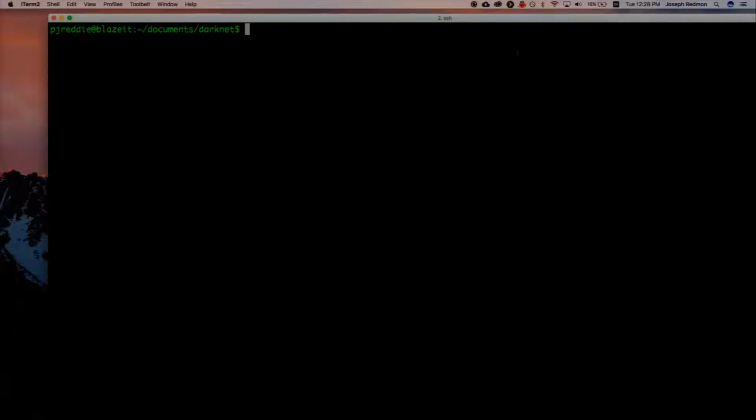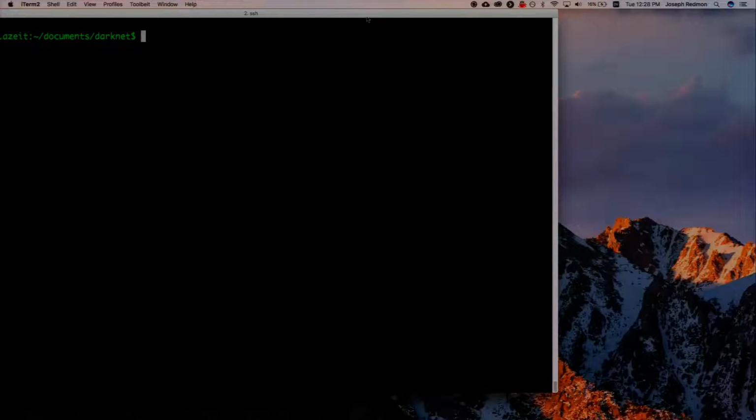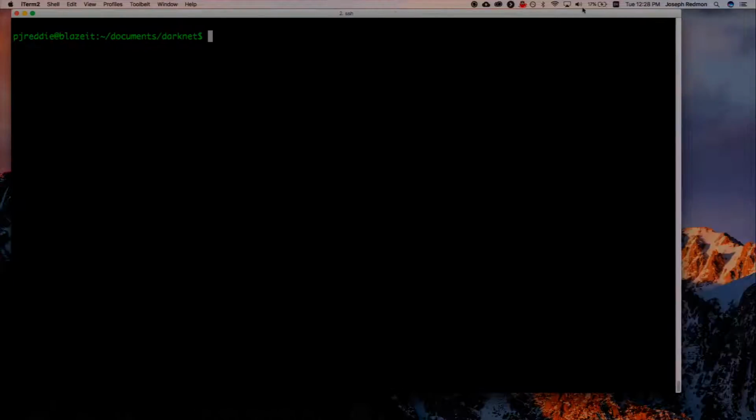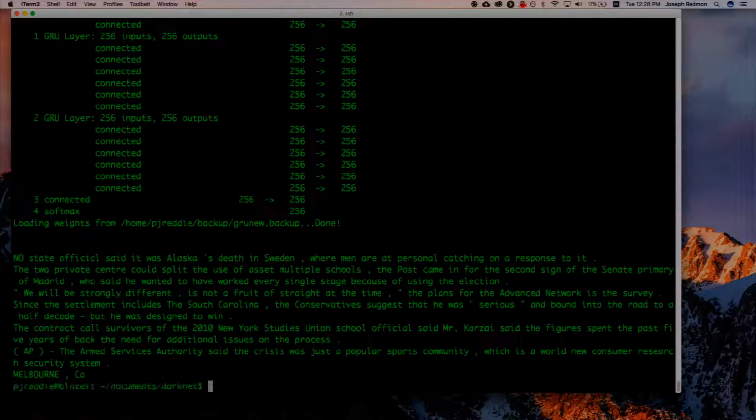This is a GRU model trained on a bunch of news articles, I think. I can't remember what the data set is, just a bunch of textual data taken from the internet. Now we can run it, and it's seeded with a couple of new line characters. Then it will start predicting text and feeding that text back into itself to predict what the next text should be.